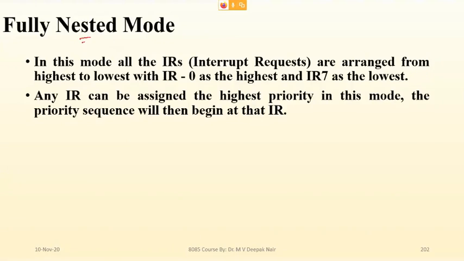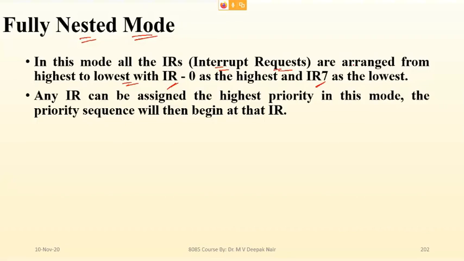Now the first mode, which is fully nested mode. We know what nesting is. Nesting means calling one function from within another function, that means one interrupt from another interrupt or one loop from another loop. This is called nesting. In this mode all the interrupt requests are arranged from highest to lowest. So highest is IR0 and lowest is IR7.